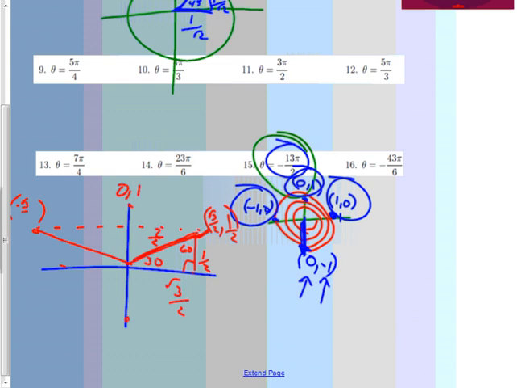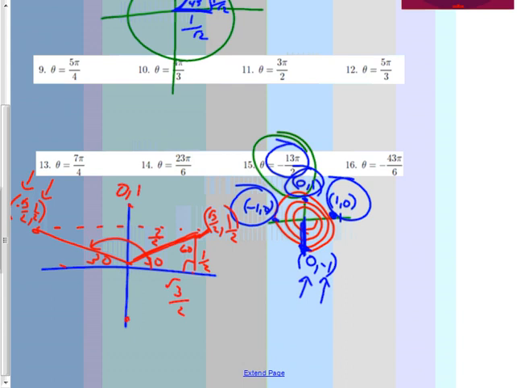Negative root 3 over 2, comma 1/2. And so that's like a 30-degree angle here, but that means it's really 150. So that's answering the question, what's the sine of 150? 1/2. What's the cosine of 150? Negative root 3 over 2.